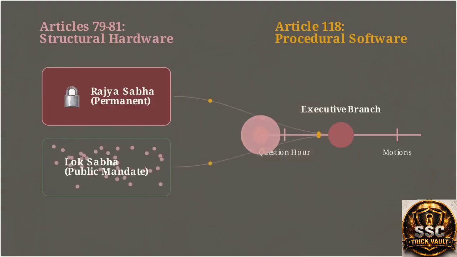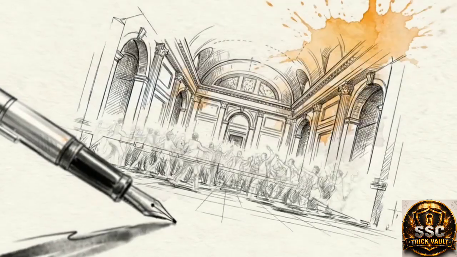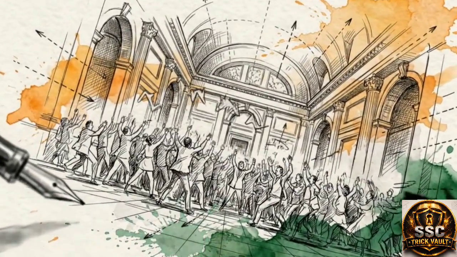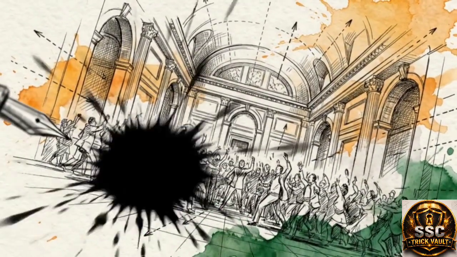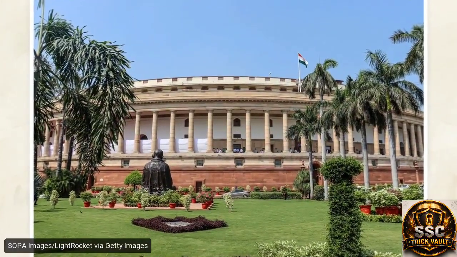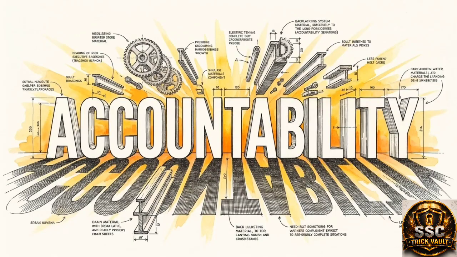It forces continuous, timed interrogation of their policies. Whether it is through a routine written question on a Tuesday morning or a fatal no-confidence motion that brings down a prime minister, every mechanism in this system exists for a single purpose: It forces the state to prove it still holds the mandate to govern, day in and day out.